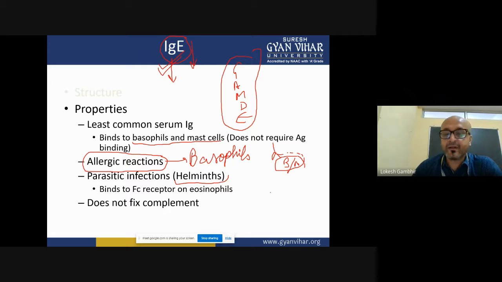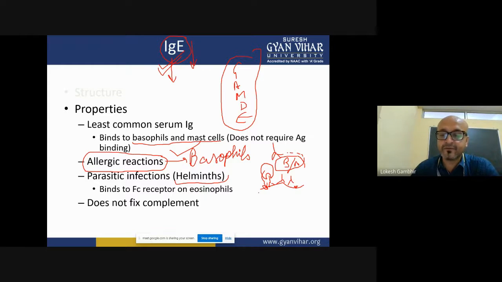So this particular antibody will go and bind on the surface of that particular helminth, and then this region will be recognized by the eosinophils, and those eosinophils will come and release the granules on this parasite. So you see, it provides a supporting part to basophils in terms of allergic reaction and to eosinophils in terms of fighting the parasite.